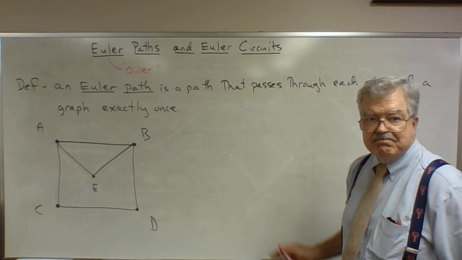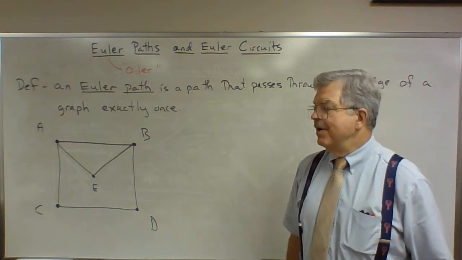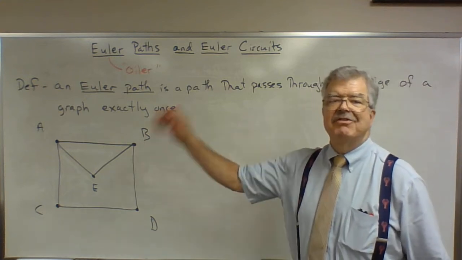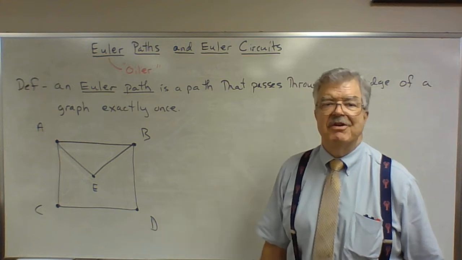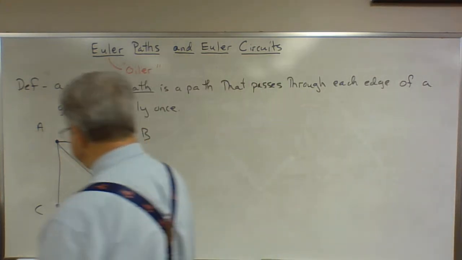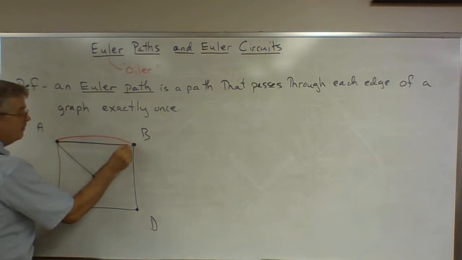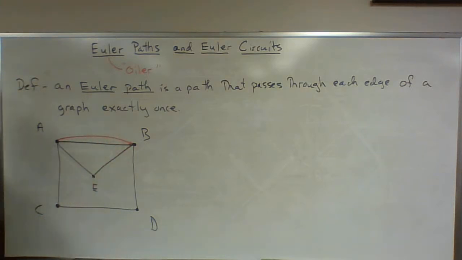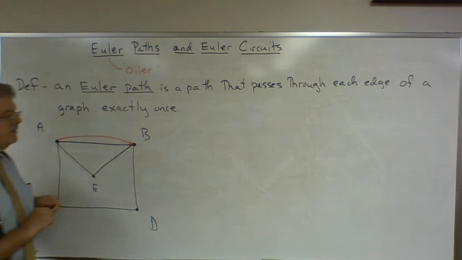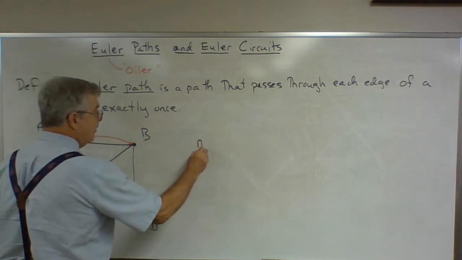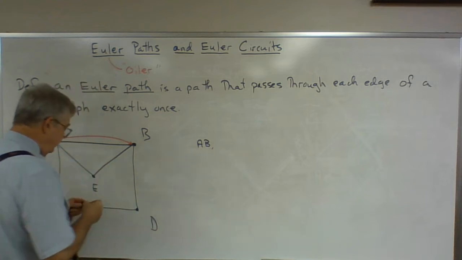For no other reason other than A is the first letter of the alphabet, let's start at vertex A and go to B. The edge from A to B is part of the graph. That's our first edge.